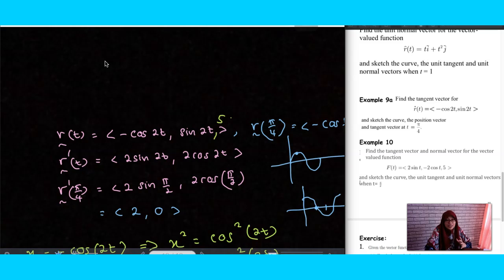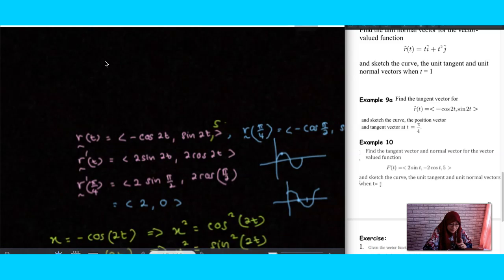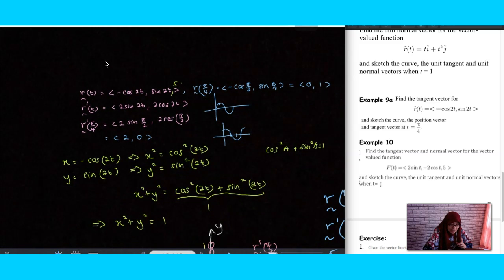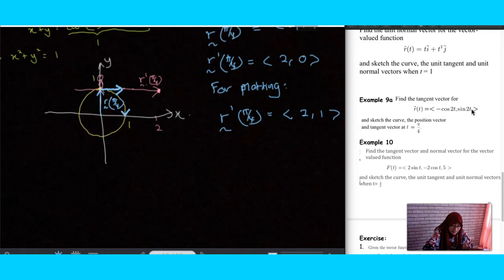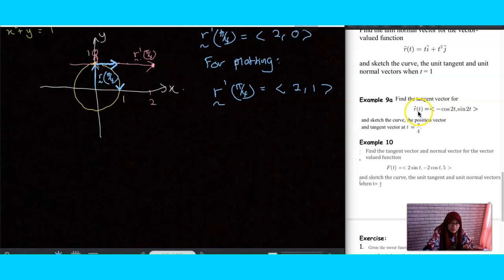So how can you sketch the vector function and also all those things? Let's say it's the same question, but you just add one more term which belongs to z, which is 5. So your calculation is all the same, but because we have x, y, and z, your curve is located in a 3D system.